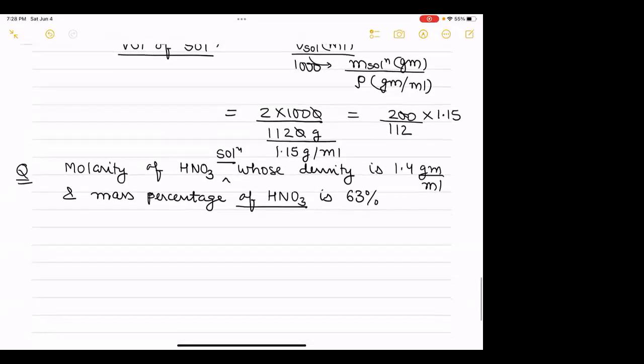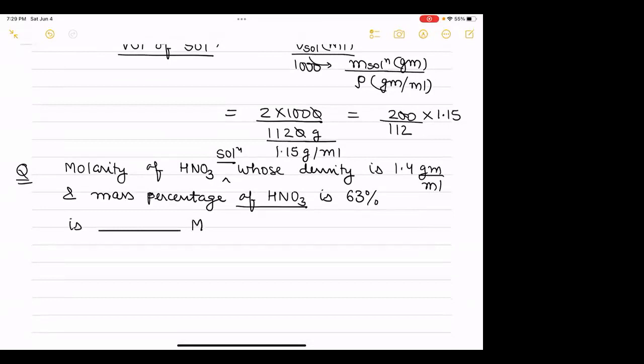So the molarity of HNO3 solution with density 1.4 gram per ml and mass percentage of HNO3 63% is dash molar.